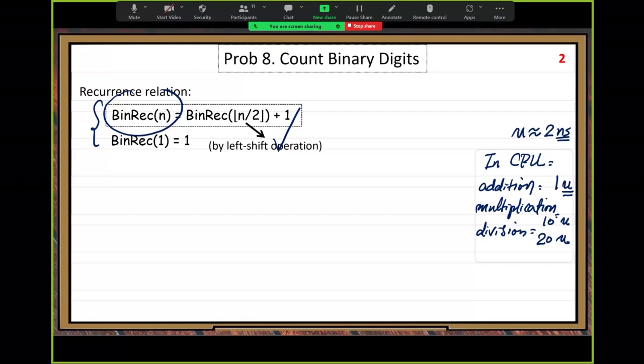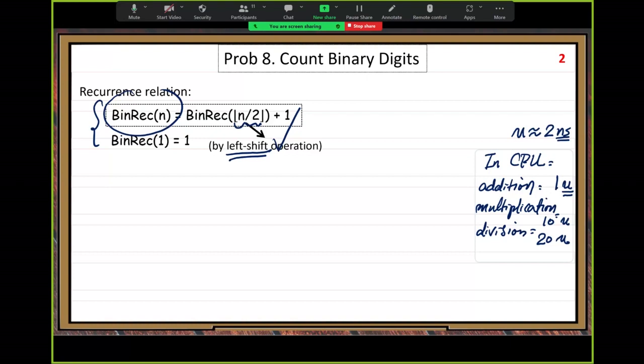But here, division by 2 is not a general, arbitrary division. It's a special division. Inside the computer we use the binary representation, so when you do division by 2, you can shift the binary point to the left by 1 position.